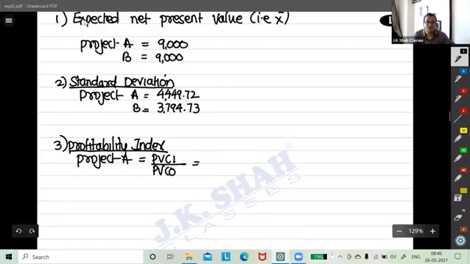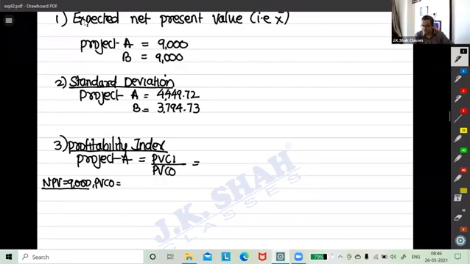So how will we get it, guys? What we know is we know NPV. NPV is 9,000. Correct. And the cost is also given. PVCO is also given. For project A, PVCO is how much? 36,000.